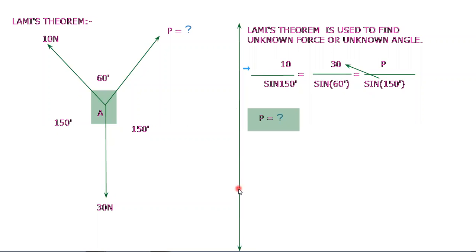If two forces are unknown, then also you are able to get the two forces. If instead of 10 Newton, force Q is given, Q is equal to how much?